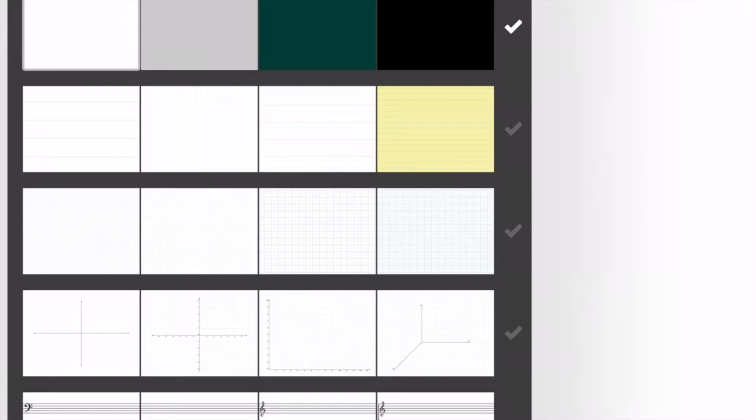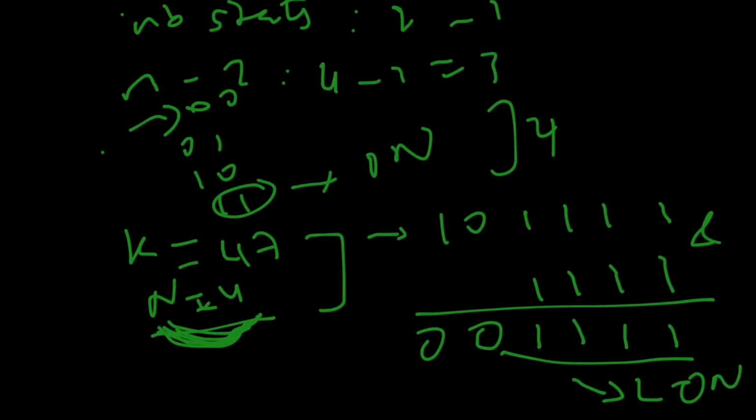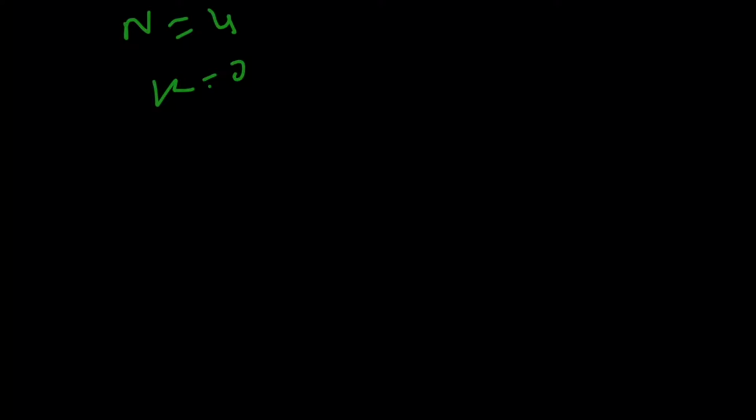For the other case in the example, let's take a look. If we have a case where n is equal to 4 and k is equal to 0, let's represent that in binary: 0 0 0 0 0 0, and n is 4, so we want 4 bits set.